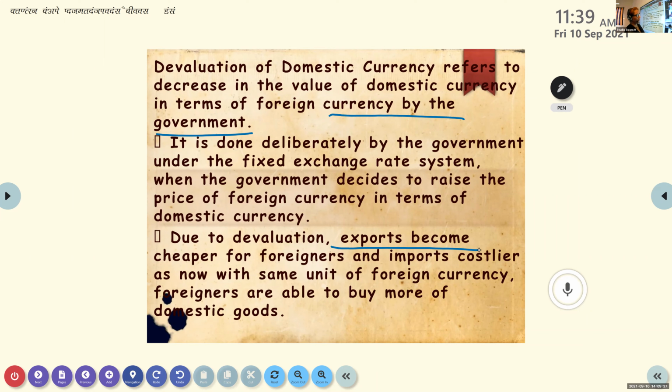Anyone? In one chapter I told you, India devaluated our currency. Why did they devaluate? Why did the government do that? To increase exports.